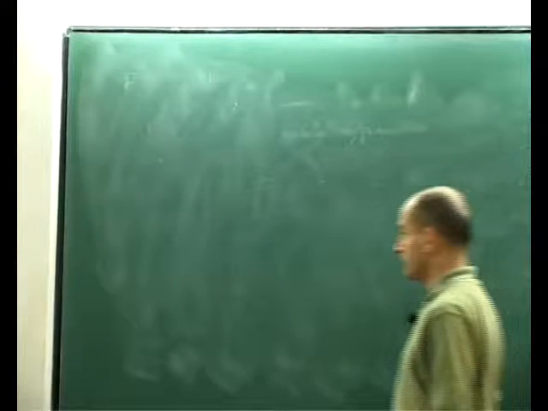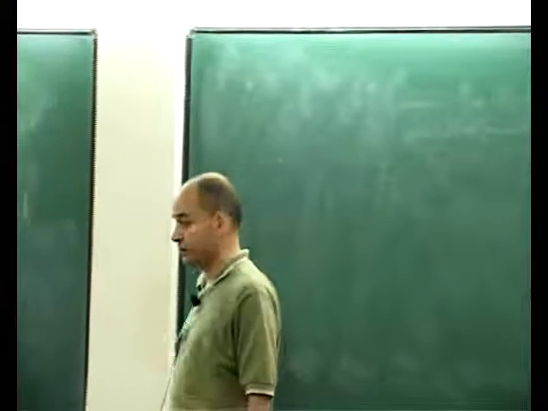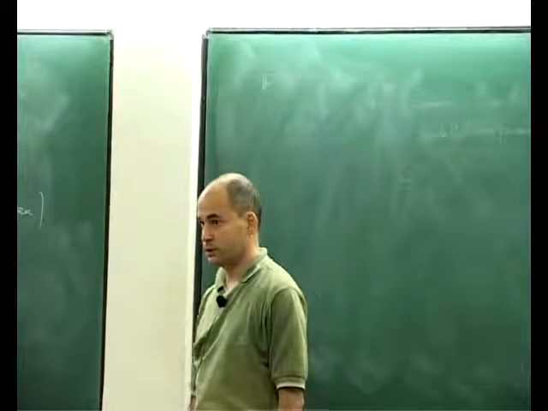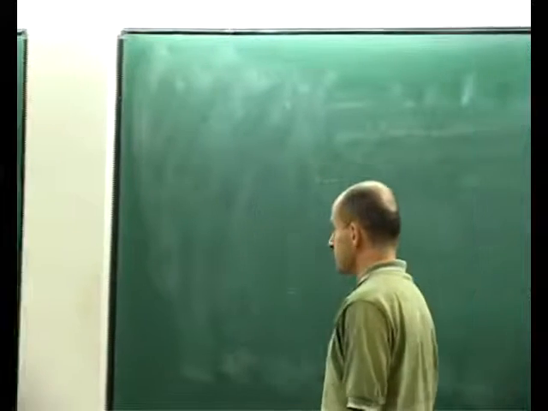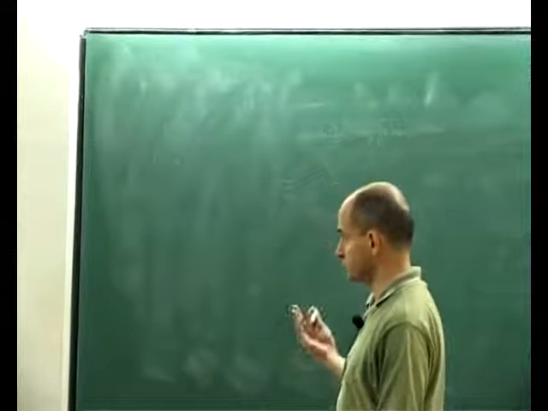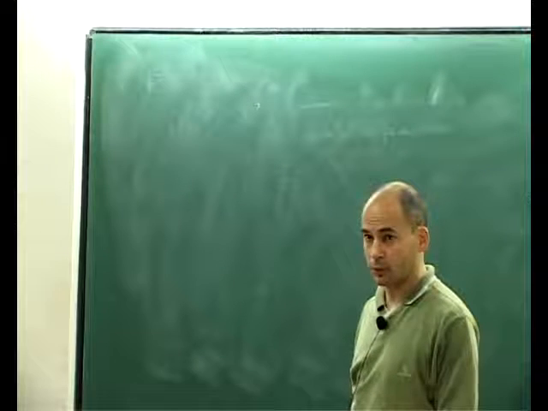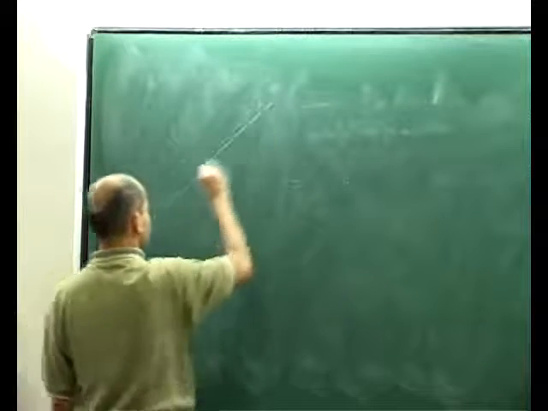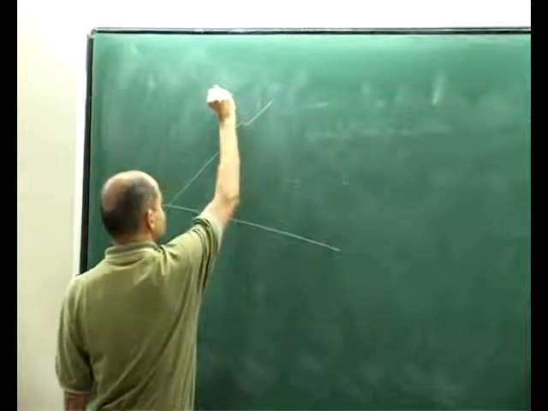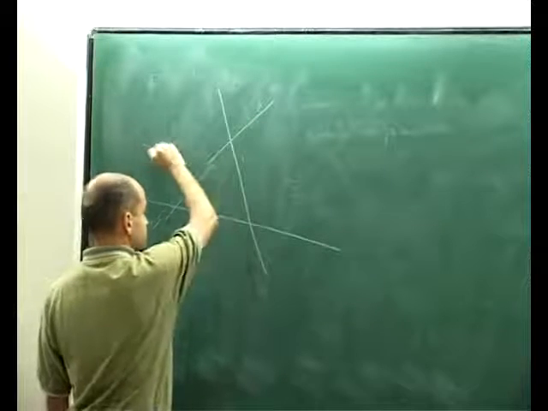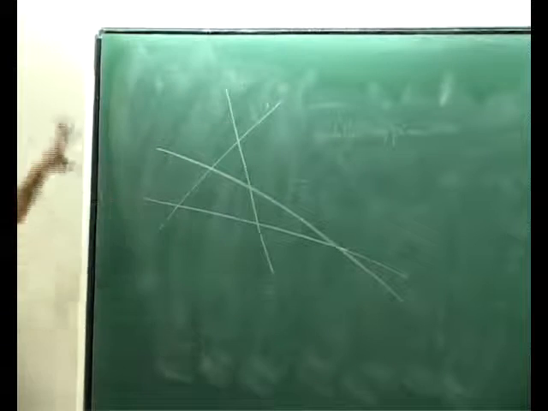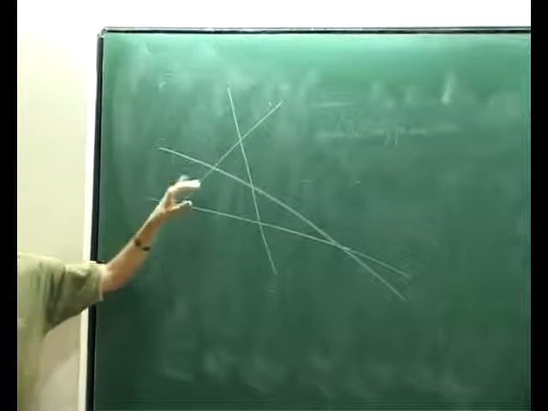I'd like to show by a picture that the 3 infinite families of trivial solutions can be easily understood from the geometry of the complement of 4 lines in P2. So let us draw 4 lines in general position. We have to consider the plane minus these 4 lines.